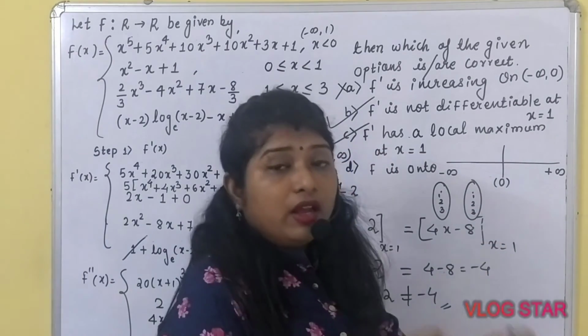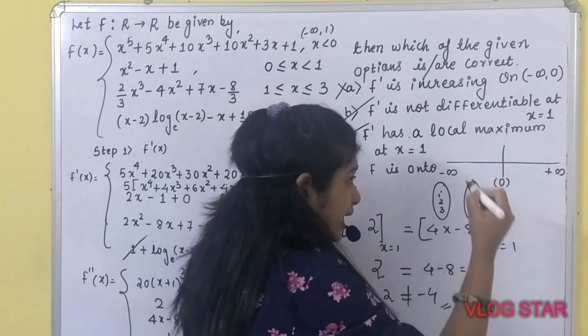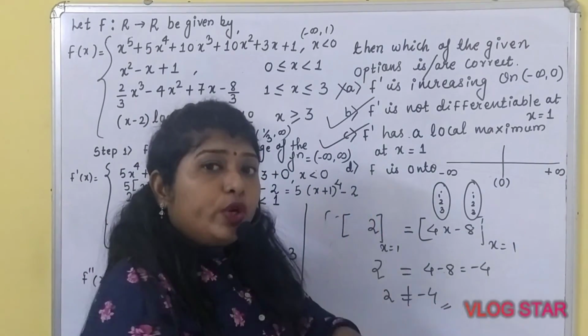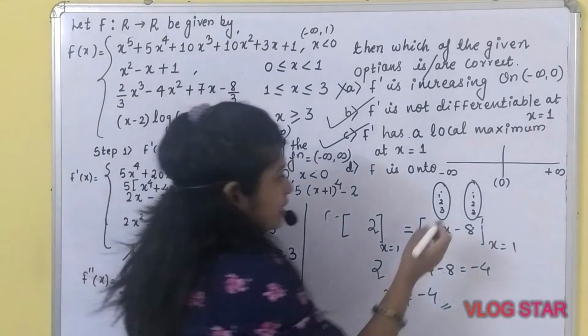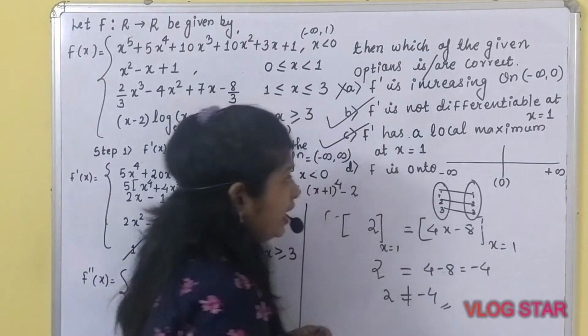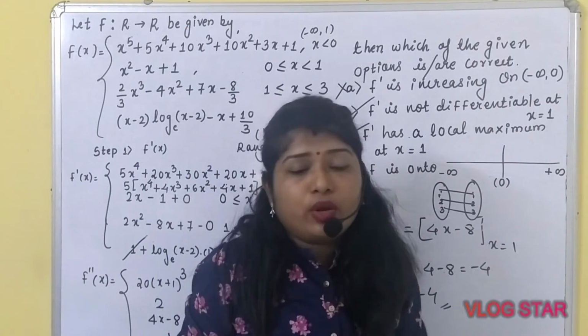As per the condition for the onto function, each and every element of the output set should be paired with an element in the domain. So they should be interconnected with each other. So how are you going to find out whether it is onto?